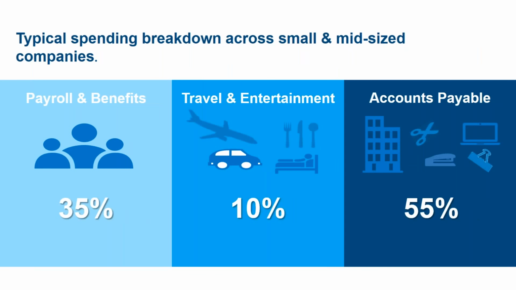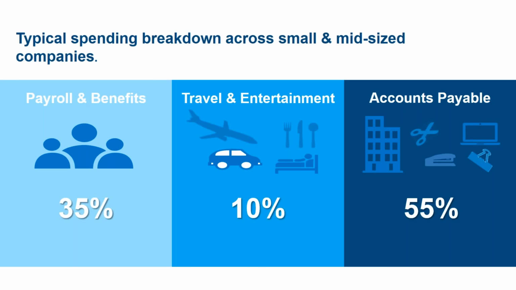If you look at the typical spending breakdown within a lot of organizations, we find that 35% of their total company spend is in payroll and benefits, which many organizations have outsourced to a payroll vendor like ADP or Paychex.